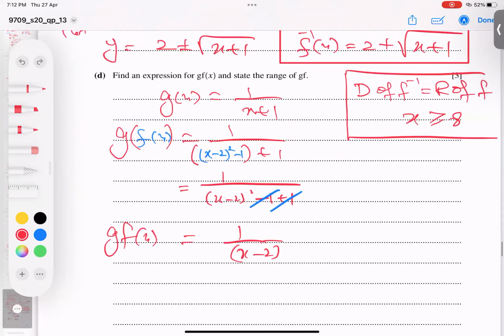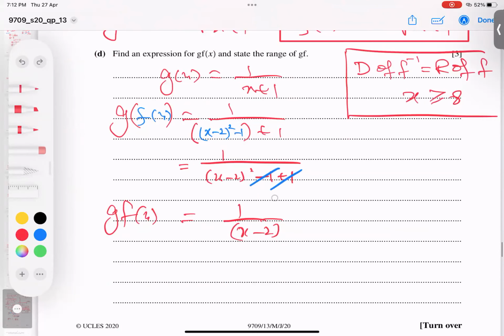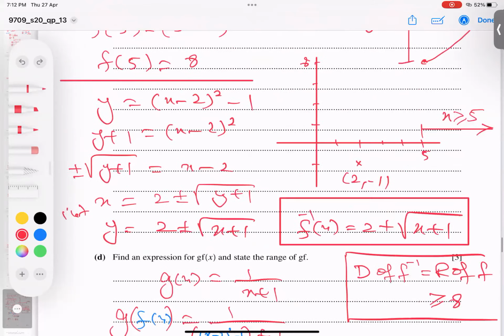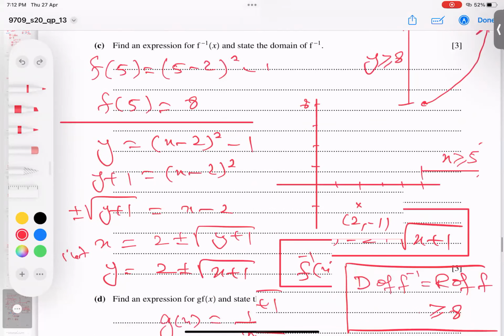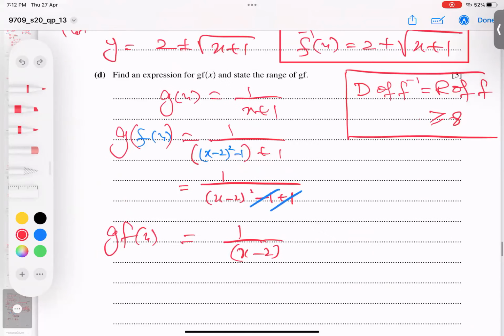And now I'm discussing the range of the function. So what is the range of this function? This is very interesting. How to find the range? Make sure when we talk about this, this f function is going into g. This is called the inner function and this is called the outer function.